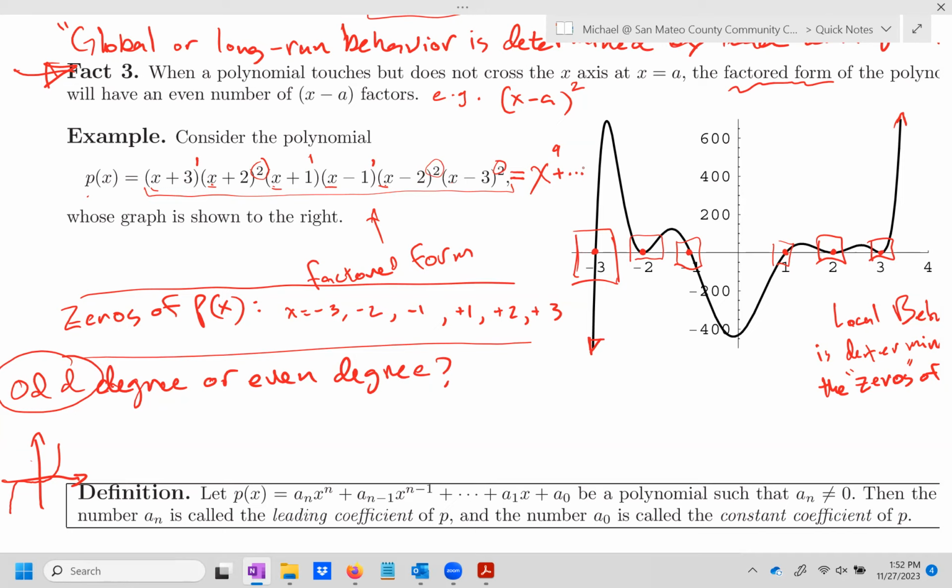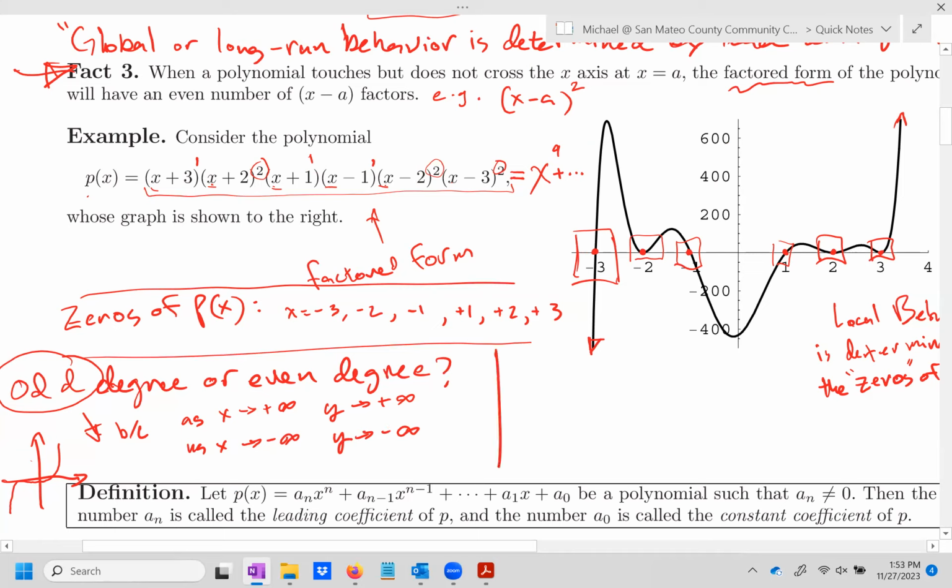Also, as x goes to plus infinity, y goes to plus infinity, and as x goes to negative infinity, y goes to negative infinity. So it has to be odd degree. Okay? Now what about turnarounds? How many turnarounds does it have?